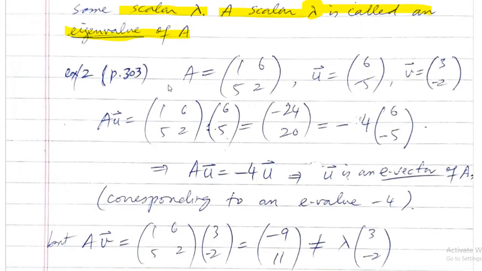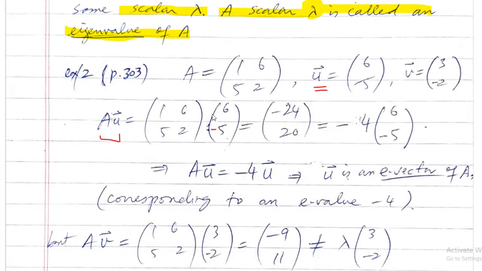If I multiply A with u, turn by turn, first I will consider u and then I will consider v. So A times u, where u is [6; -5].